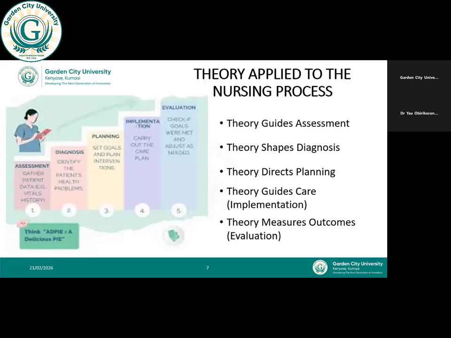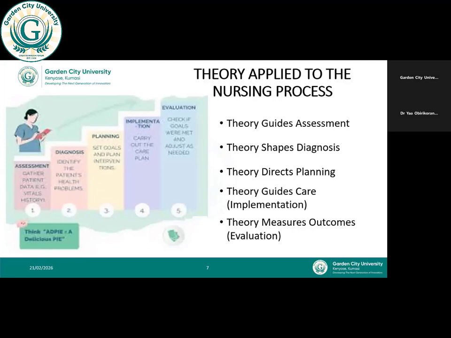And then you set out a goal. And with the goal, you have an objective that you need to meet. So at the evaluation stage, you are measuring the outcomes.